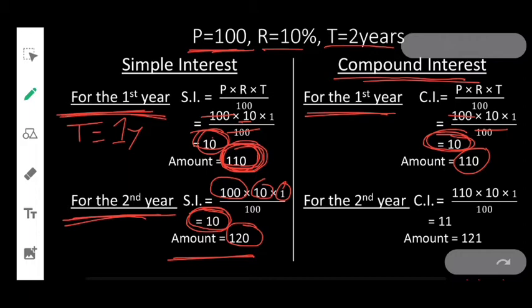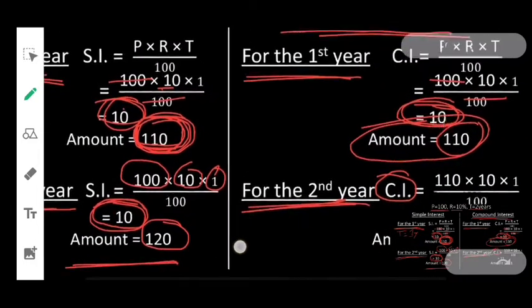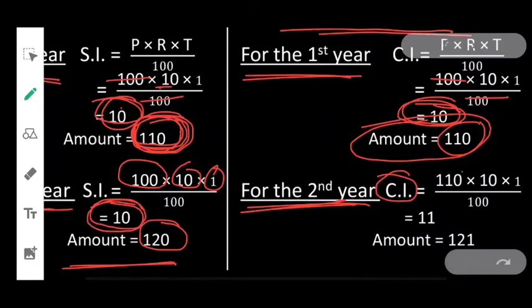Okay. Now, the amount at the end of first year will be taken as principal for the second year. So for the second year, compound interest equals P into R into T by 100. As you can see, here P is 110.